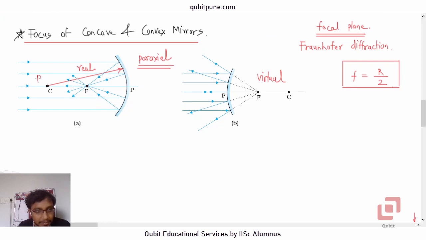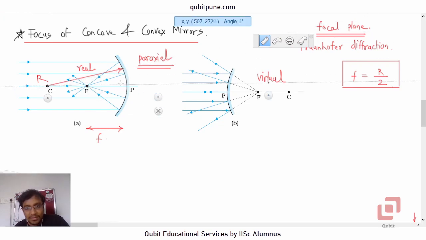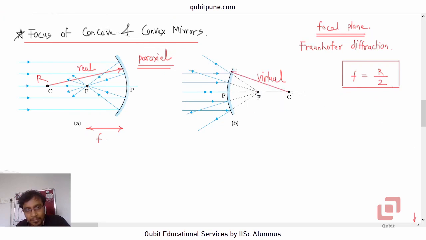This is R. And the focal length is the distance between the focus and the pole of the mirror. This will be R and this will be the focal length. So PF is the focal length. Okay, fine.